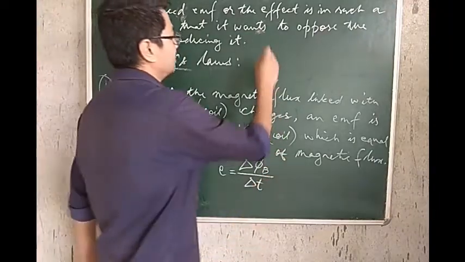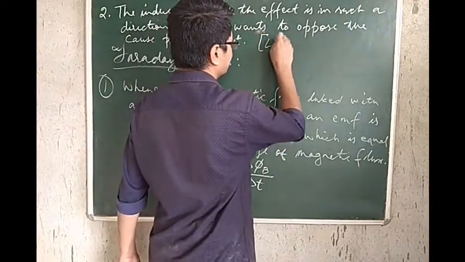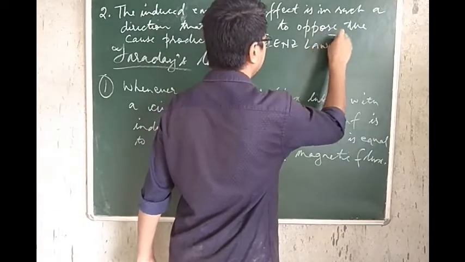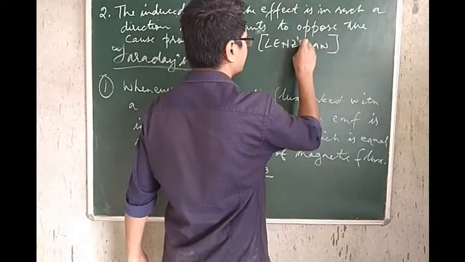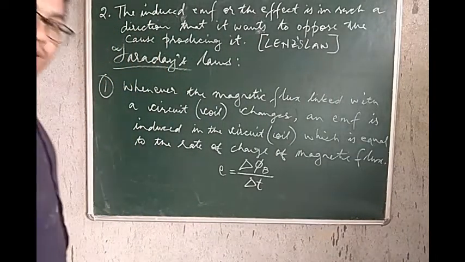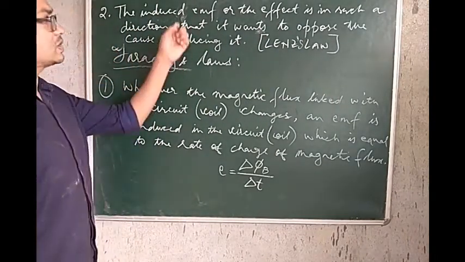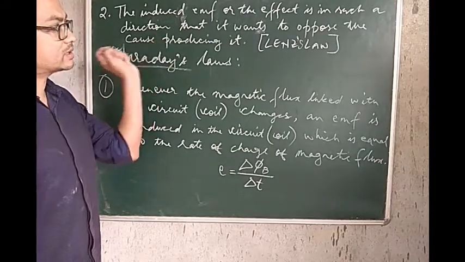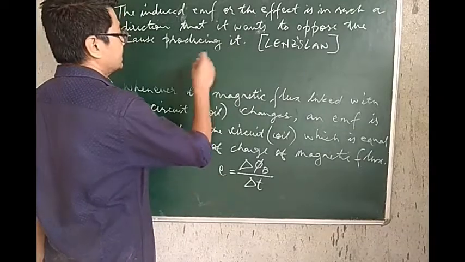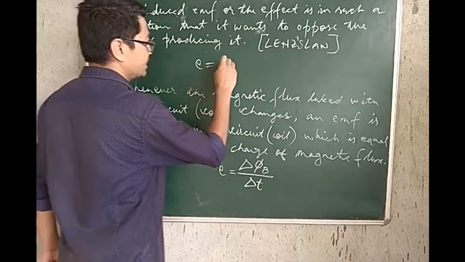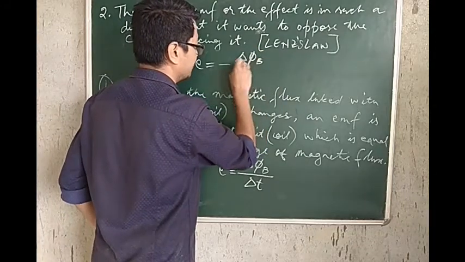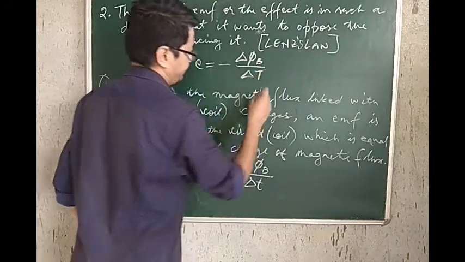This is also called Lenz's law, or Faraday's second law. Alright, class 12. When we incorporate both of these two laws, we get E is minus delta phi B by delta t.